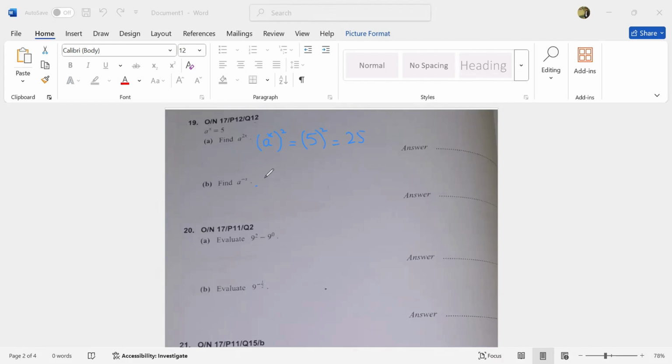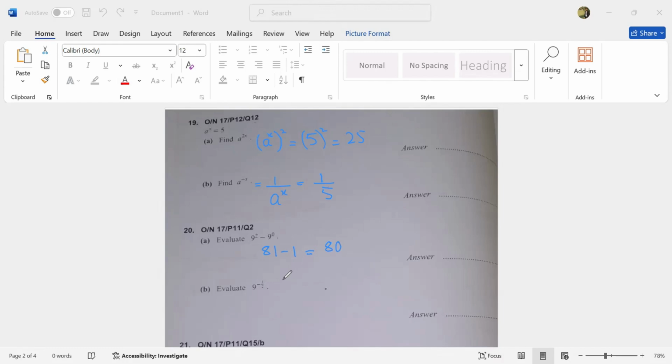Okay, for the next one, it's a negative power. We have to change it by reciprocating to a positive power. So 1 upon 5, that's our answer. 9 square minus 0: 9 square is 81. Anything raised to the power 0 is 1. It gives us 80. 9 power minus half.